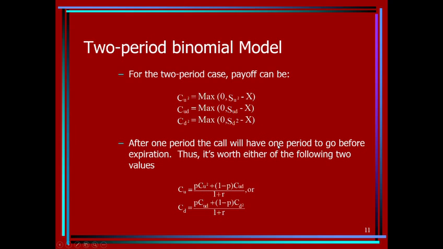So to determine the value of the call in period 1, you simply discount it by 1 period, right? But remember now, although it's the same basic formula of PCU plus 1 minus PCD divided by 1 plus R, you're using a different value now. You're using the end of period 2's value for your calls.